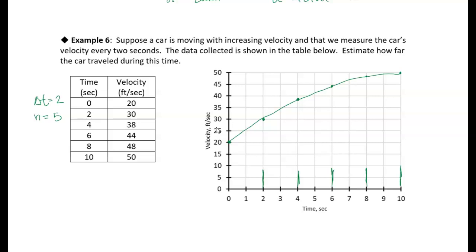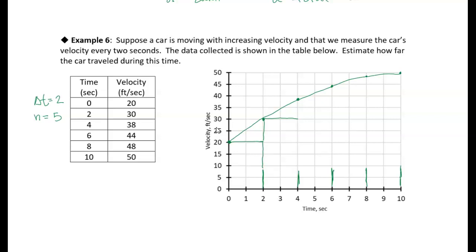And one thing that we could do to estimate the area under this curve is just assume that this left-hand point continues until we get the next data point, and we just treat it as if it's a kind of stepwise function here. Okay, so I'm going to find my left-hand sum.